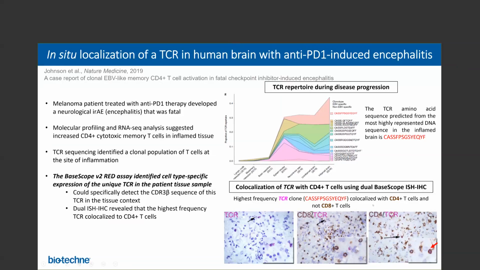On further analysis, they were indeed able to confirm that this encephalitis was predominantly induced by a CD4 positive memory T cell population. So using the BaseScope assay, they were able to validate and visualize this population of T cells that was causing the adverse events induced by the anti-PD-1 therapy.